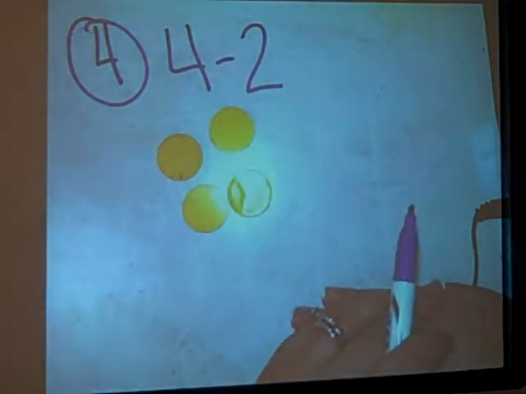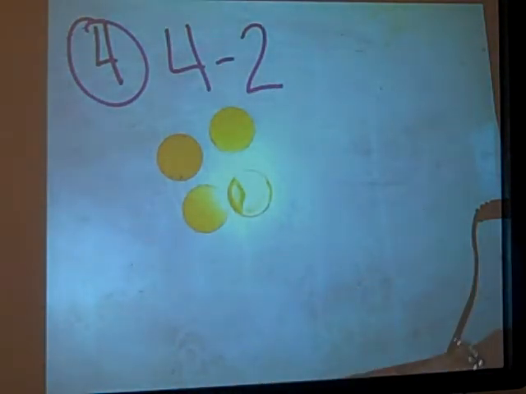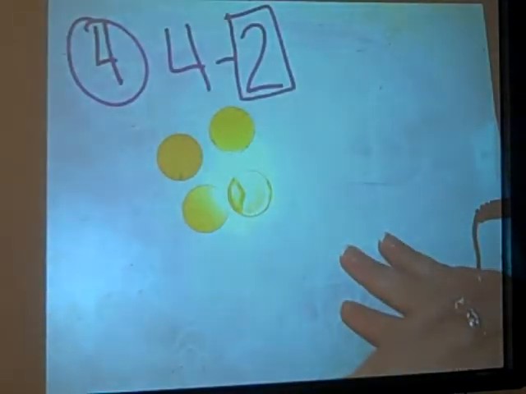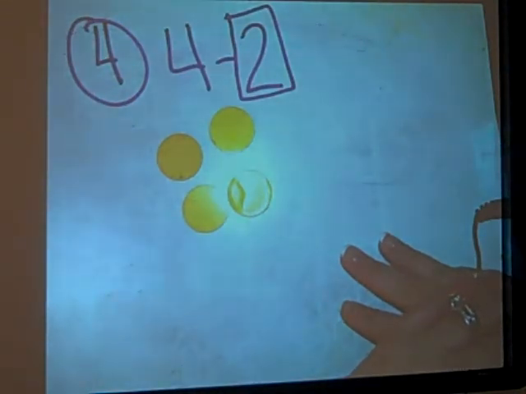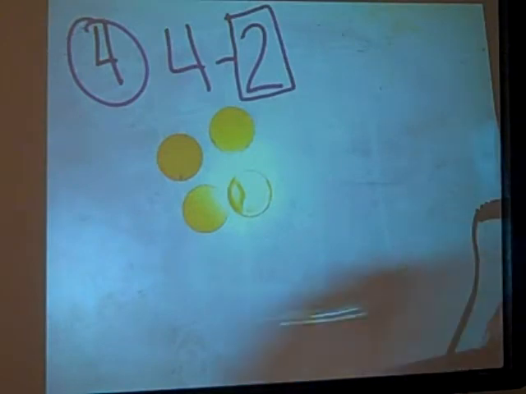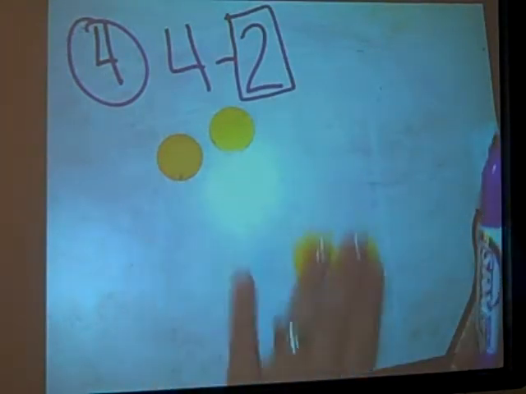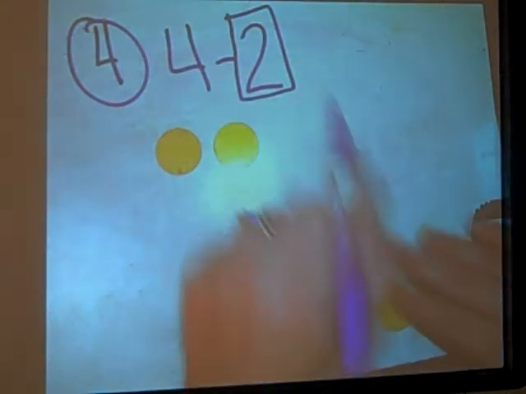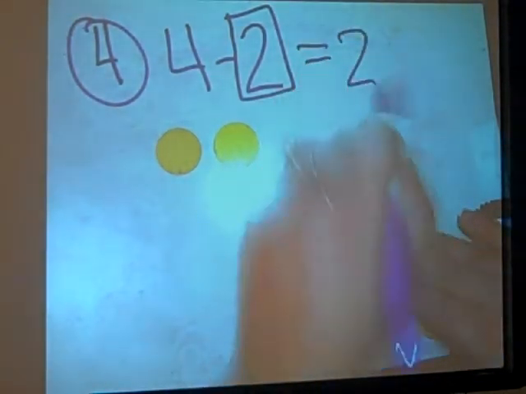So I had my +4. Then my second step is to determine whether or not I can take away my second number. I like to box in the second number. This way I can clearly see that I'm trying to take away +2. I need to look: do I have +2 I can take away? Why, yes, I do. I take them away. I'm left with +2. Therefore, that equals 2.